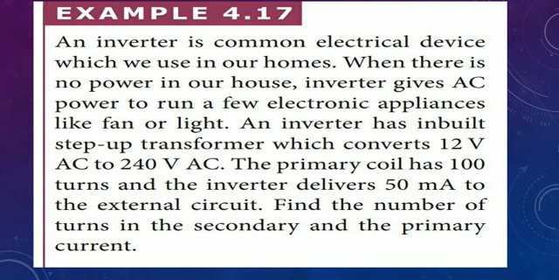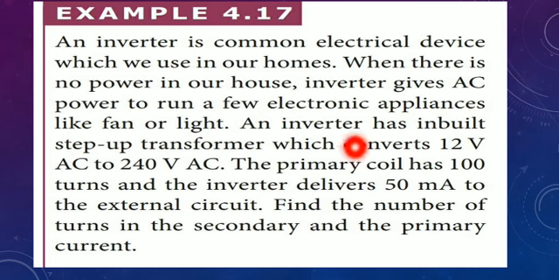Problem 4.17. An inverter is a common electrical device which we use in our homes. When there is no power in our house, the inverter gives AC power to run a few electronic appliances like a fan or light.